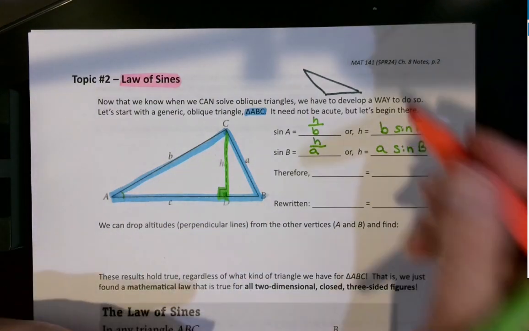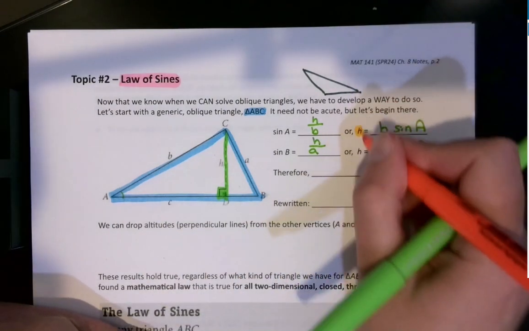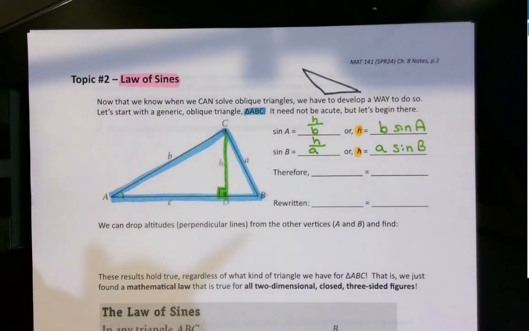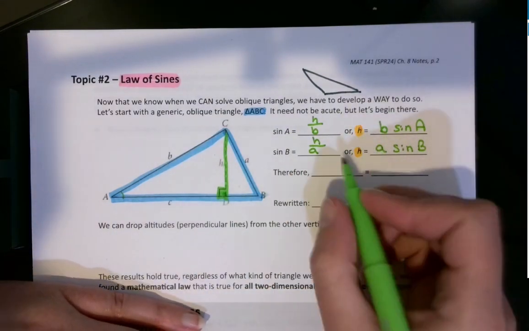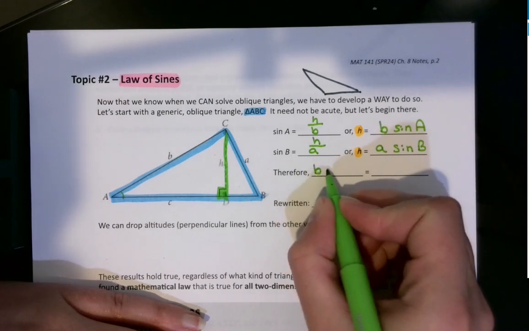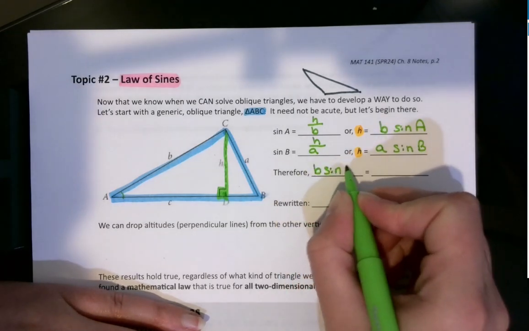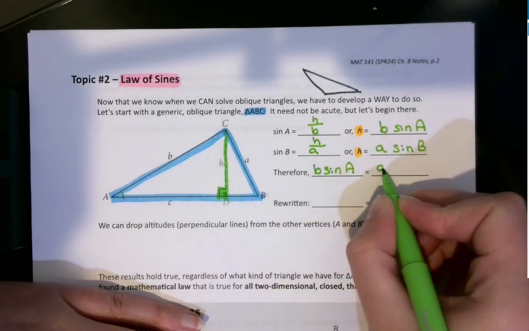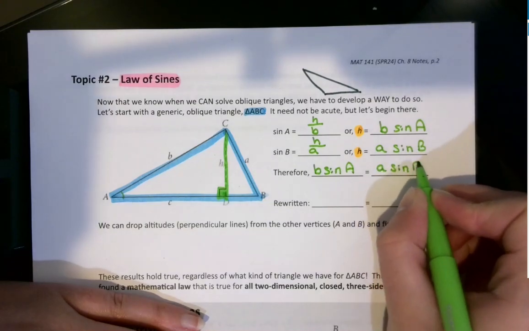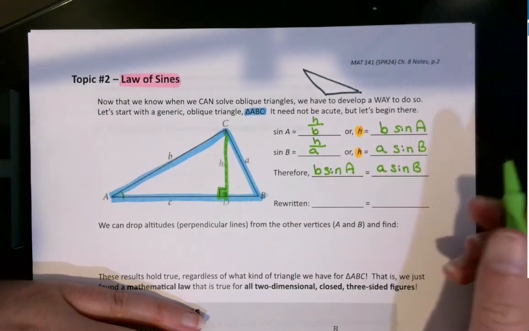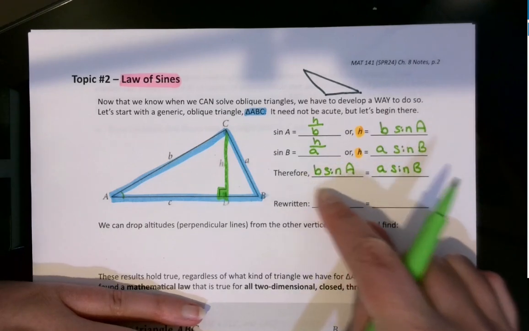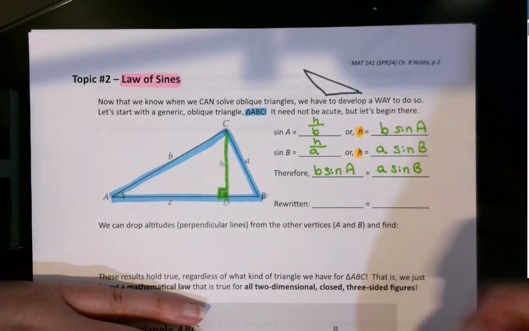Now, we're going to say we know that H is equal in these two statements. So therefore, if H is equal to H, it must be true that B sine A is equal to A sine B. These two lines must be equal. Rewritten, we can divide the B over to this side and the A over to this side.